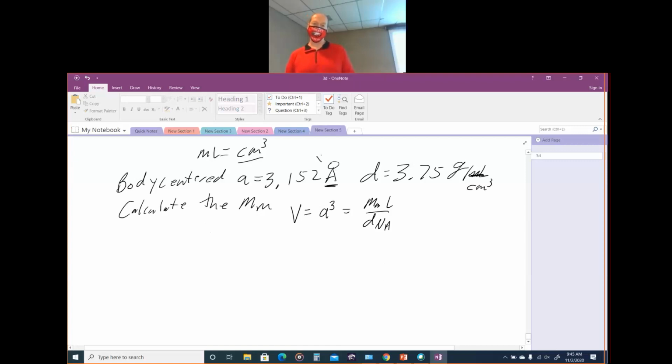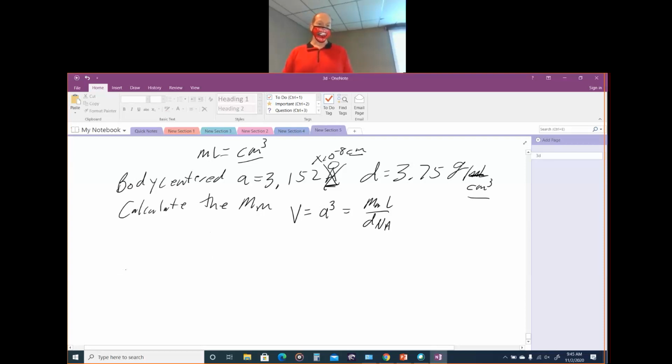So times 10 to the minus 8 centimeters. So get rid of your angstroms. This unit here and this unit here must match. Centimeters is what I will always use. You feel free to convert your density into grams per angstroms cubed. That would be a lot more work, but you can do it that way.